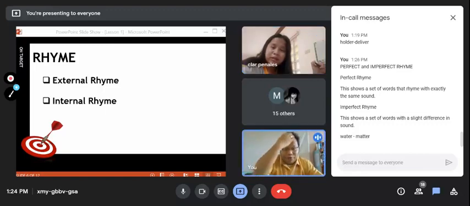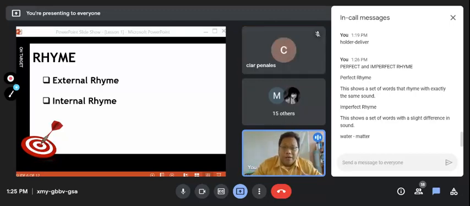By the way, when we refer to rhyme, people, we shall consider sounds of syllables. You cannot actually expect one word to have exactly the same set of syllable sounds as another word, because if that's the case, it's just exactly the same word. Like, you cannot expect water to rhyme with matter all throughout in all of its letters.